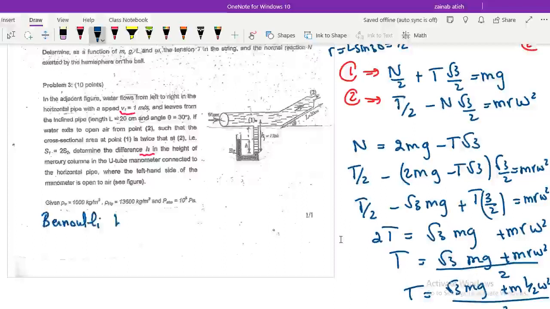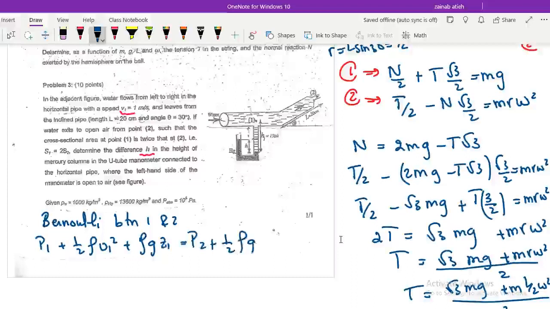Bernoulli between 1 and 2, we will get P1 plus half rho V1 squared plus rho g Z1 equals P2 plus half rho V2 squared plus rho g Z2.